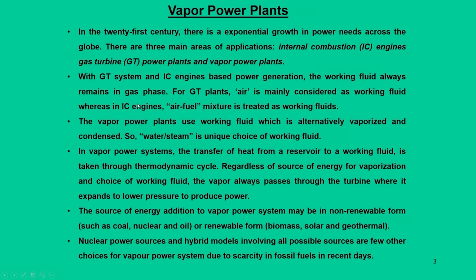For example, in internal combustion engines we think only of air or an air-fuel mixture, and even in gas turbines, air is the basic ingredient which is sucked into the intake of the compressor. In this entire cycle the working fluid always remains in the gas phase, although its pressure and temperature keep changing.